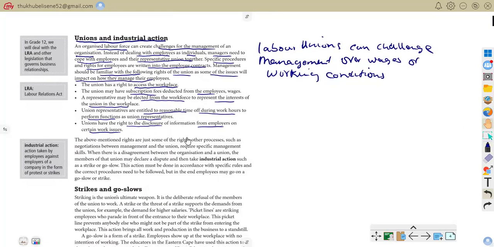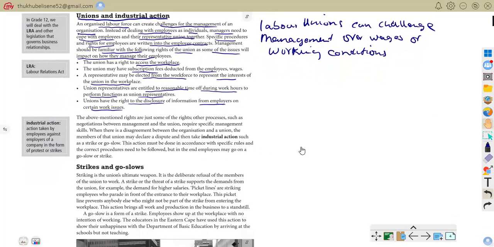So now let us move on. The above-mentioned rights are just some of the rights, and other processes such as negotiation between management and union require specific management skills.